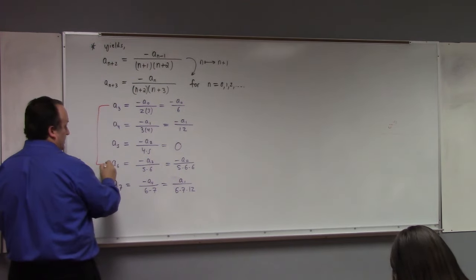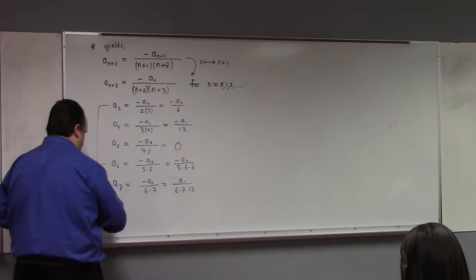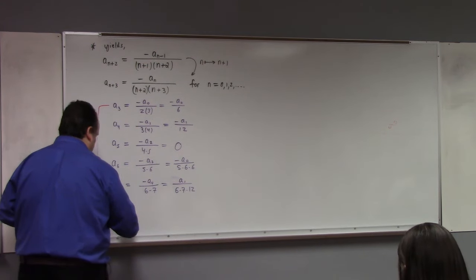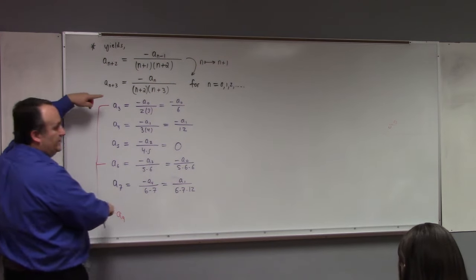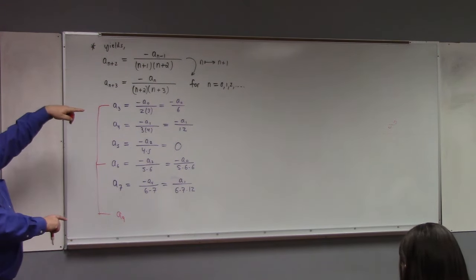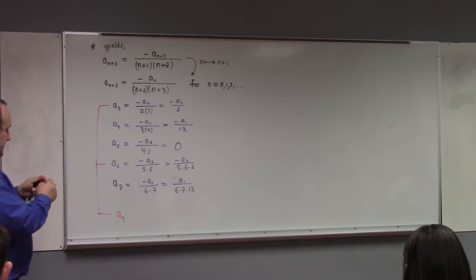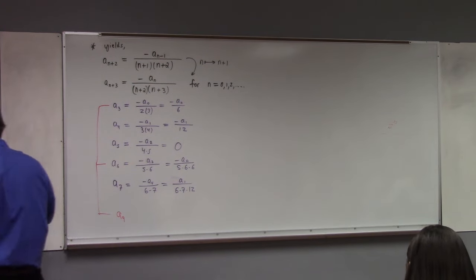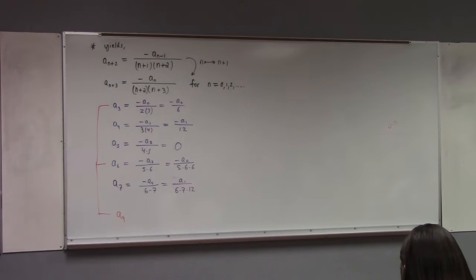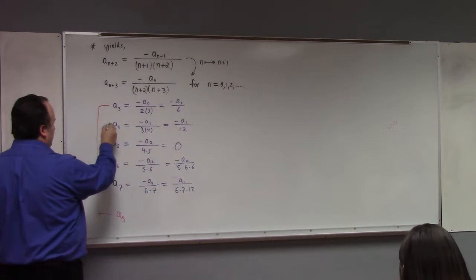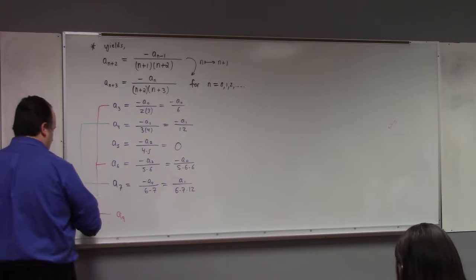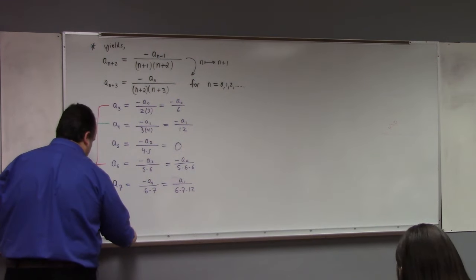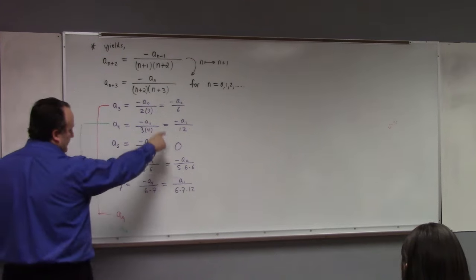Like this one, and if we were to go down to a sub 9, those are all going to end up picking out an a sub 0, right? They're all going to have a sub 0. And what else is going to happen? We're going to have a sub 4 and a sub 7, and if I had written it, a sub 10. These are all going to have an a sub 1, right?